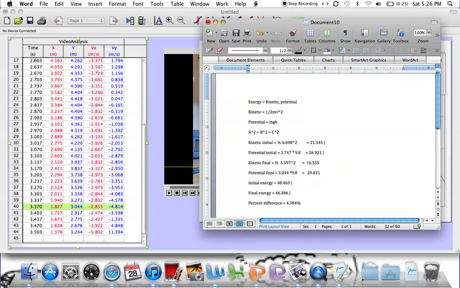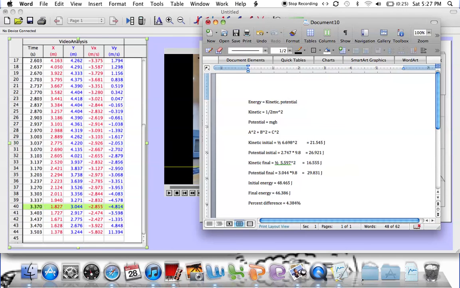We square that and multiply by 0.5, and that yields 16.555 joules of energy in the kinetic form. And then we notice that our height at time 3.370 seconds is 3.044 meters above the ground, which yields a potential energy of 29.831 joules.